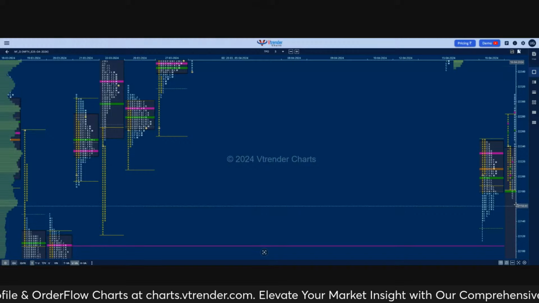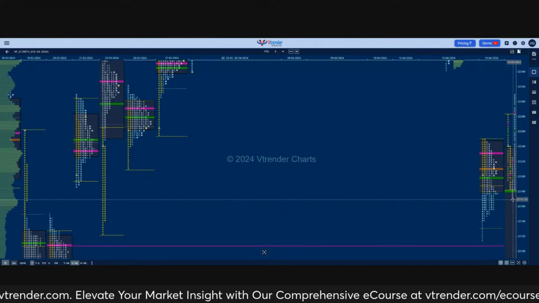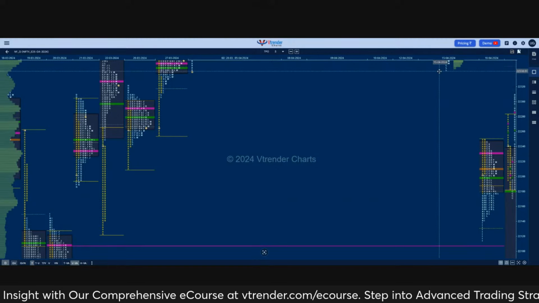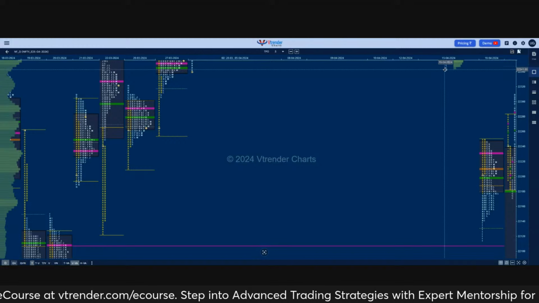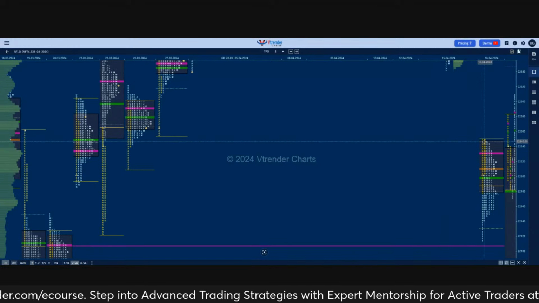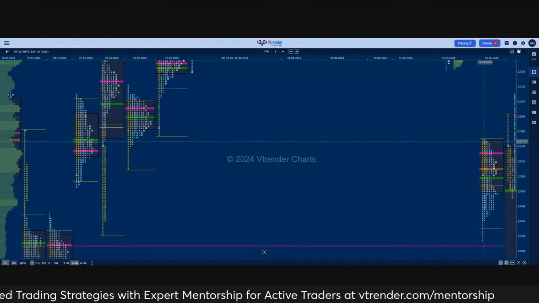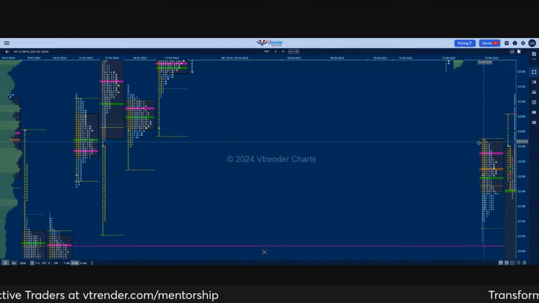So from this 22170, our 180R target was coming to 22339. 22339 was also matching with this gap down level. 22342 was the low of 15th of April from where we gapped lower. So this double zone of overlapping levels, 22339 and 22342, was our first objective once this FA was confirmed.